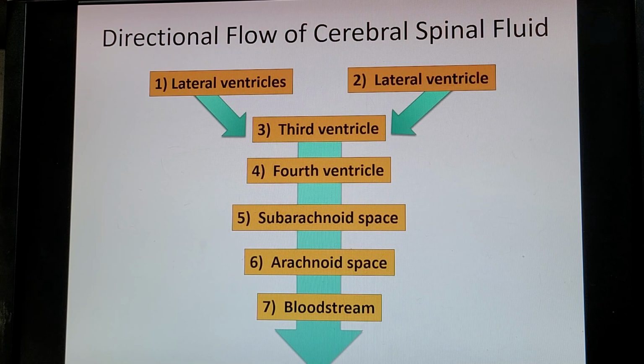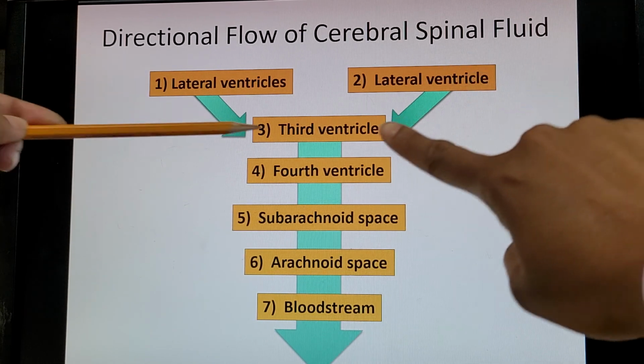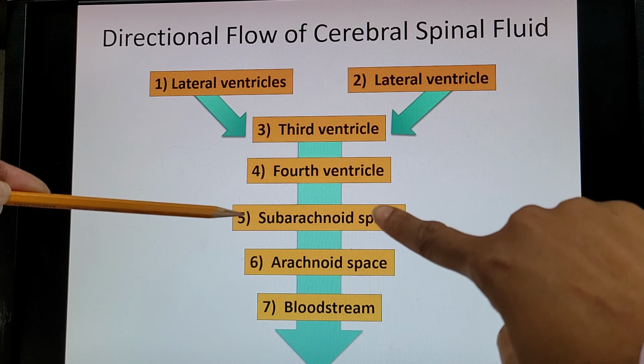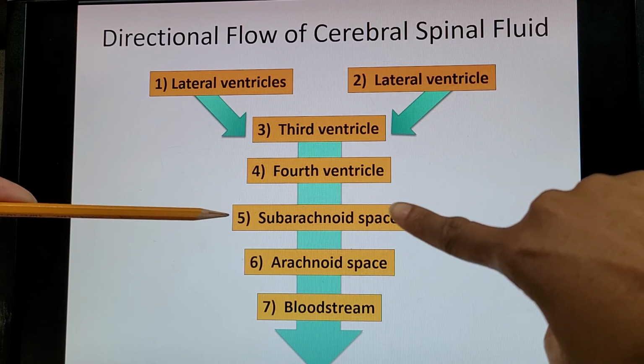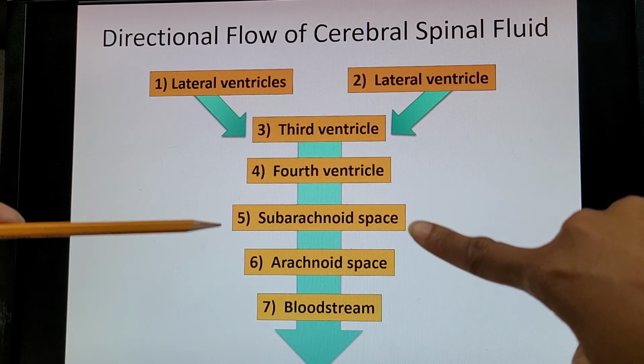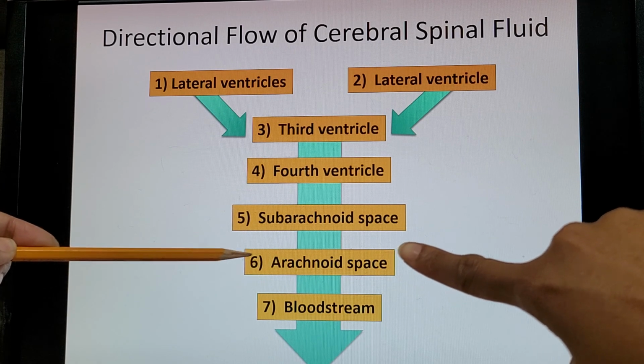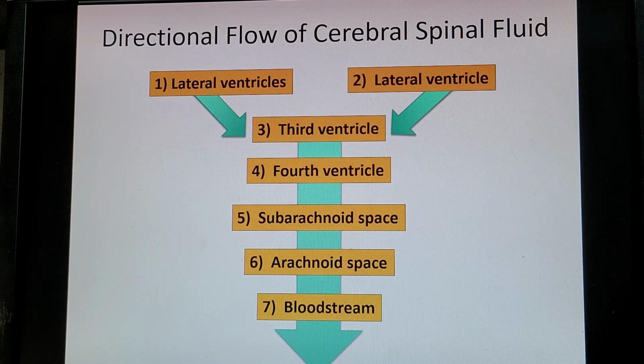Here's a little pictorial version that's probably a little easier to see. So 1 and 2 lateral ventricles to the 3rd, to the 4th, subarachnoid space. So this is our first stop after we leave the ventricles. Then reabsorbed by the arachnoid space and returned to the bloodstream. So that's the order I want you to know for that question on your study guide, because it's on the test.